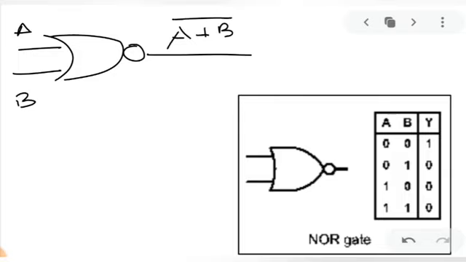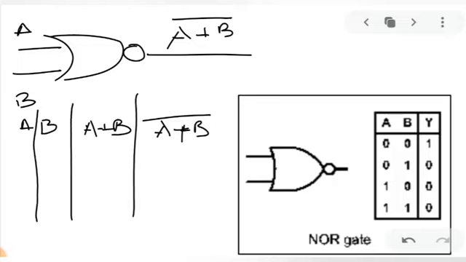Now let us see how this truth table has been formed. Here we have inputs A, B, the next column is A plus B, and the final output is A plus B whole bar. So let us start.